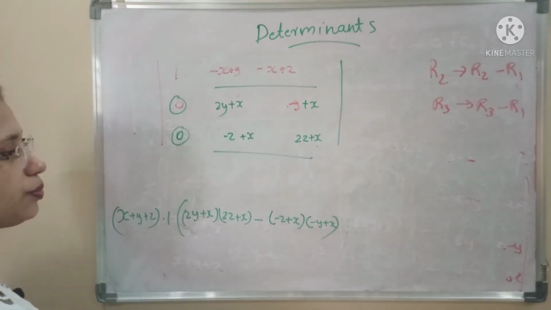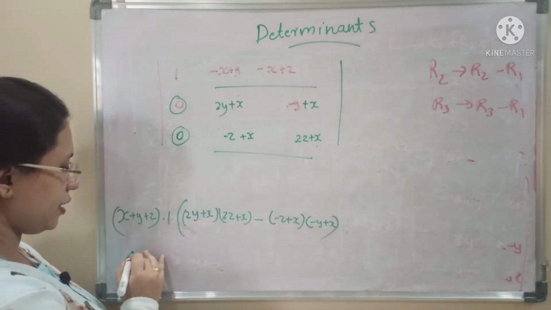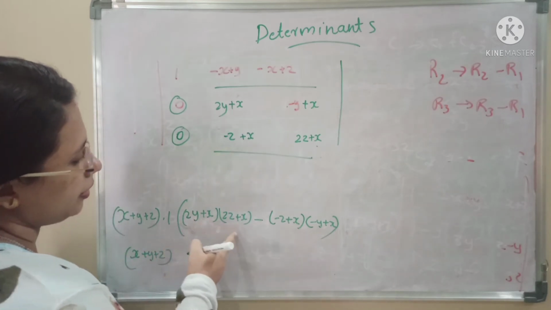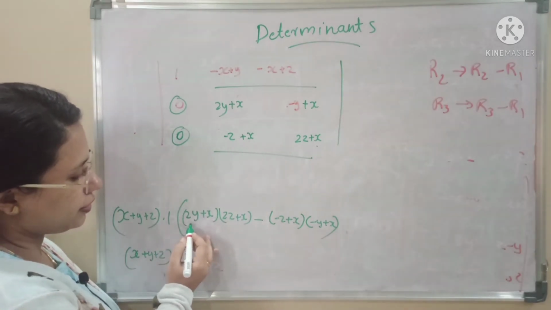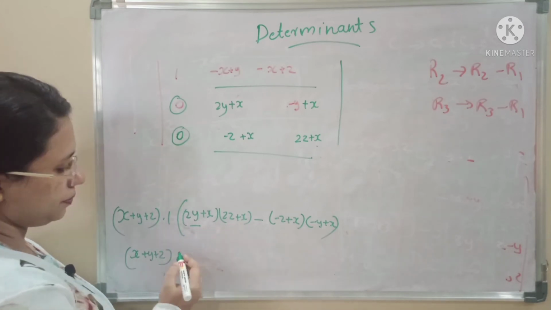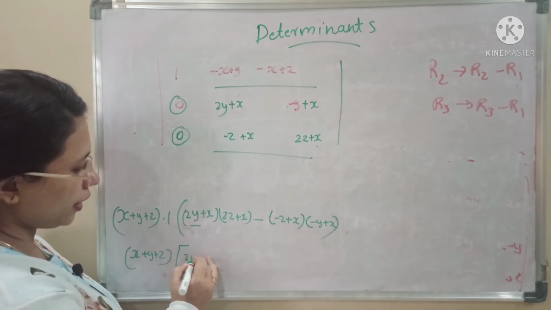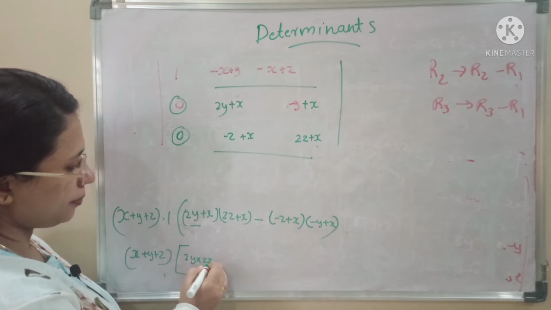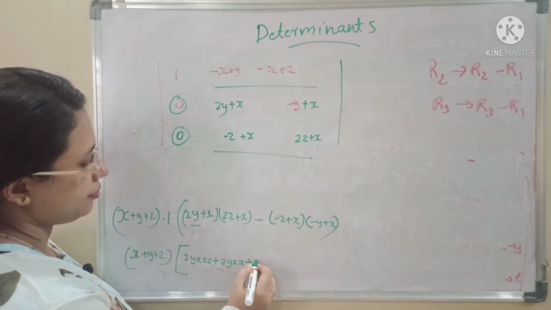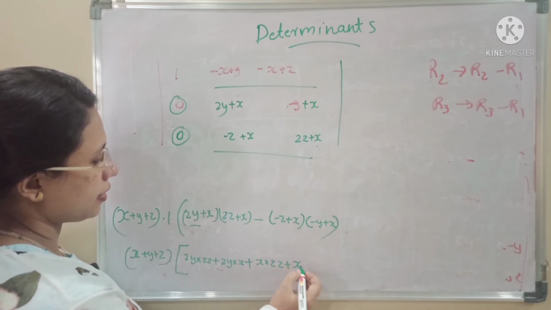So now we need to simplify this term. Multiply 1 with any element, it is going to be the same, right? So x plus y plus z, then multiply these two. First of all consider 2y. Multiply 2y with these two terms. We already learned how to multiply this. So 2y into 2z plus 2y into x plus x into 2z plus x into x, x square.